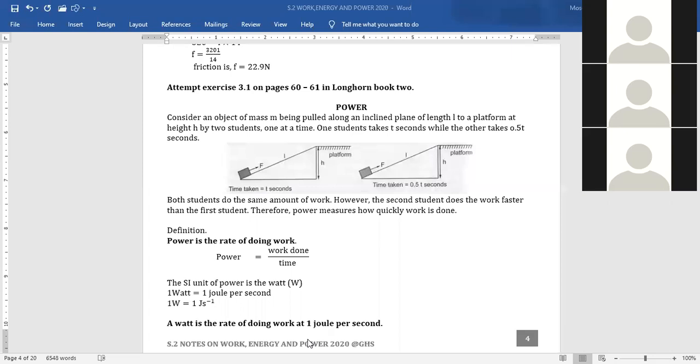Power, I've told you it is the rate at which work is done. And yes, because most machines are going to be rated, they'll give you the rate at which it accomplishes, and these rates will carry different meanings. It is not wise to have bulbs with high power ratings because they'll consume a lot of energy per second.